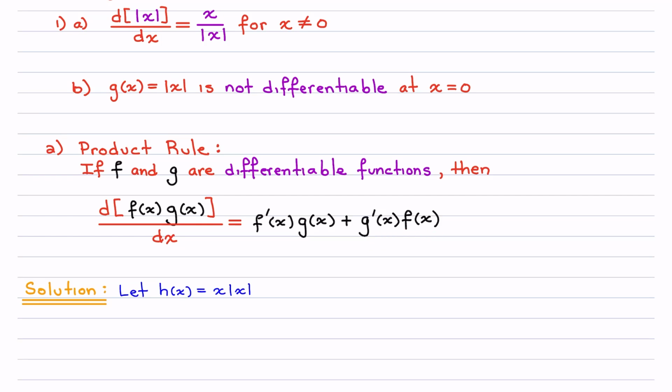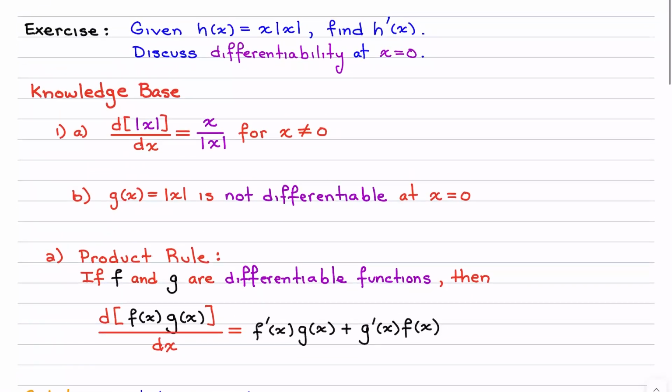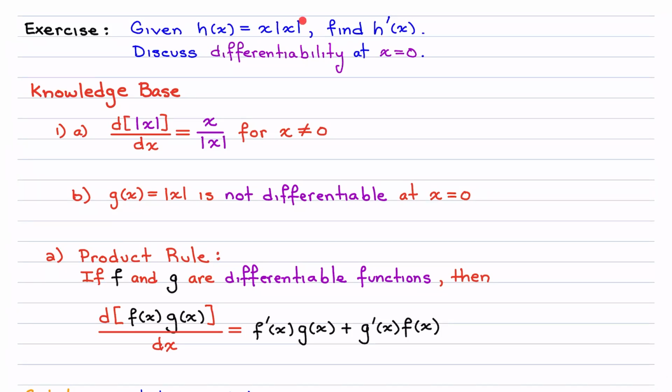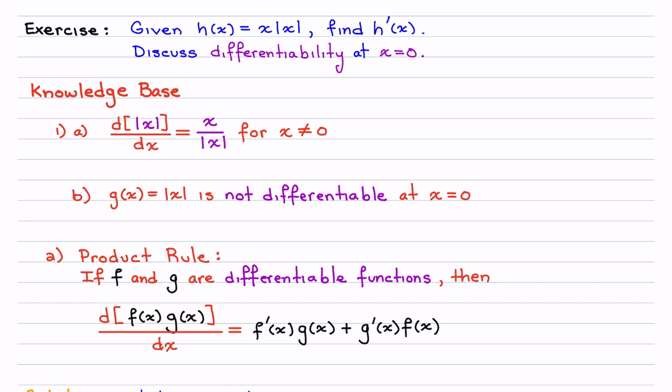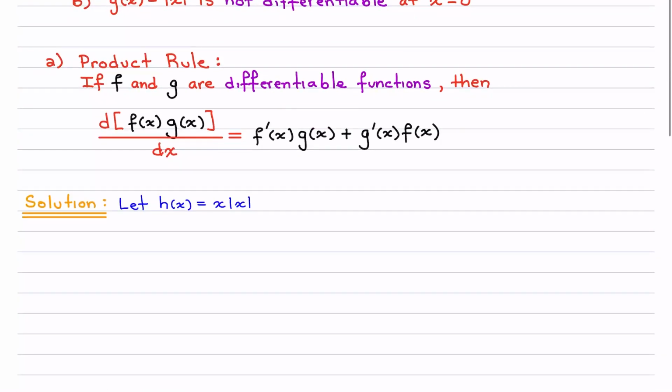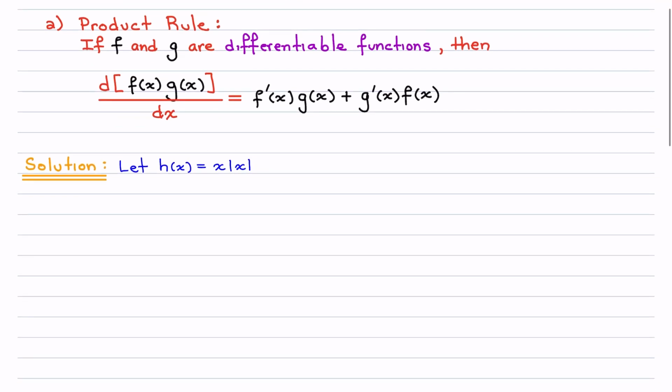But the key here is that these two functions are not differentiable everywhere. This one, the absolute value function, as we've stated here, is not differentiable at 0. So let's see what happens. Okay, so first, let's just apply the product rule and see what we get.